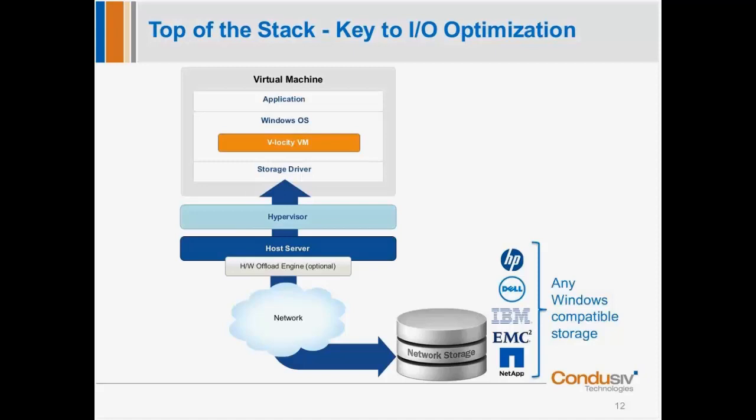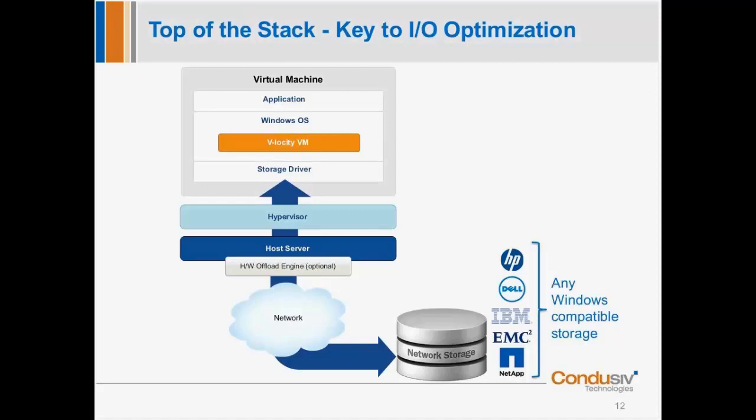Here we go. Okay. So as Howard talked about, Velocity is a different architectural approach to I/O optimization. And what's key about that architectural approach is we are located at the top of the stack, and that's key to I/O optimization. This location puts our I/O optimization technology as close as possible to the application where the I/O is created. So in a virtual environment, we're installed in each virtual machine, inside the operating system for each one of those virtual machines.